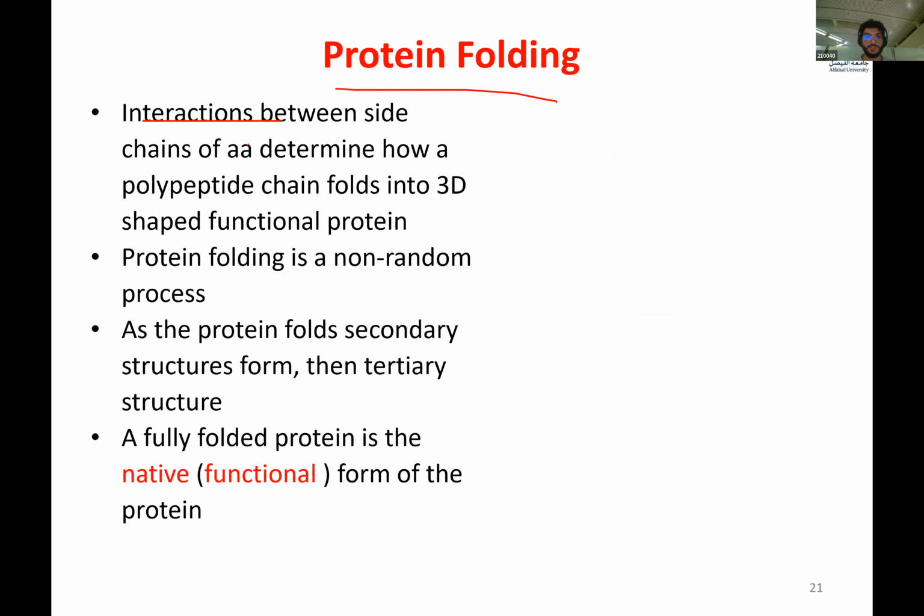Basically, it's the same concept. We've been talking about folded proteins for a while. So, protein folding.